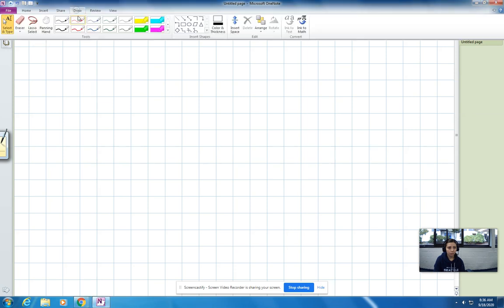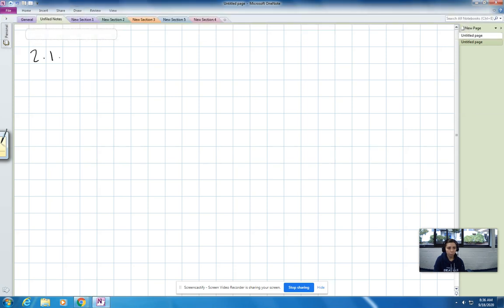So the name of our section today is 2.1 Multiplying Fractions.